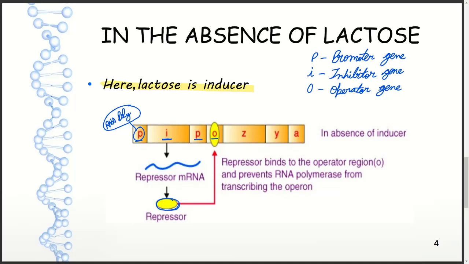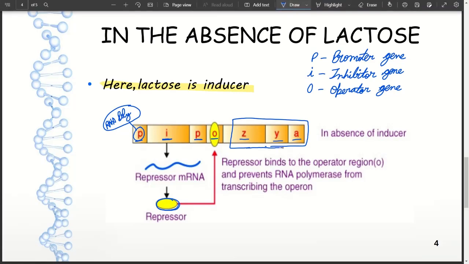Now you all might be wondering what the structural genes are. Let me tell you that in our lac operon there are three structural genes, and these are Z, Y, and A. So these are our three structural genes which are present in our lac operon.